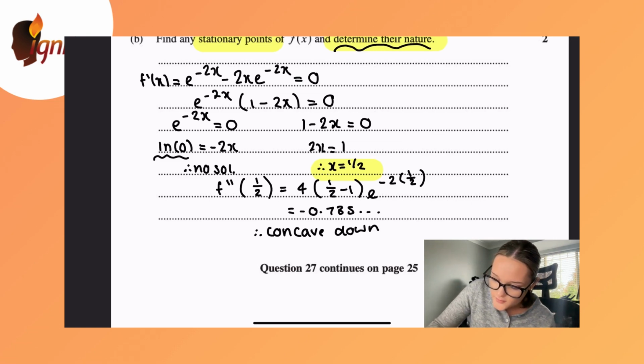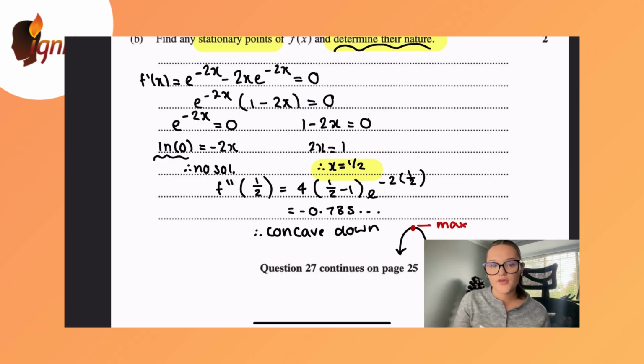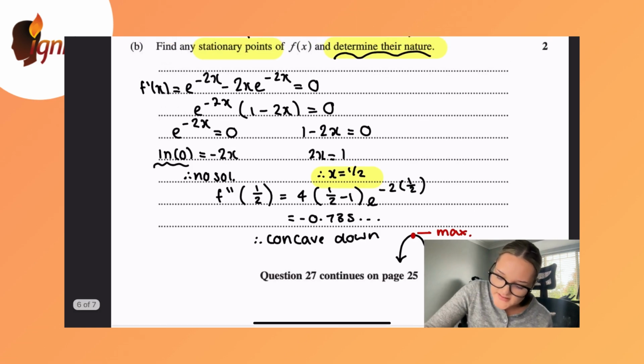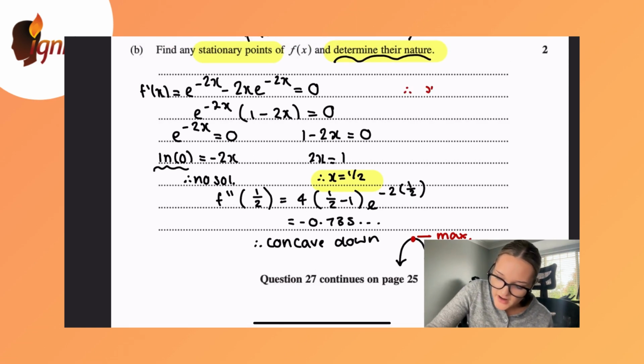So I have a graph at the moment that's looking like this. When it's concave down, we know that this particular point is at a maximum. So a concave down graph is going to give us a maximum point. So we can say there that x = 1/2 is a maximum, but we want to find the coordinates of it.